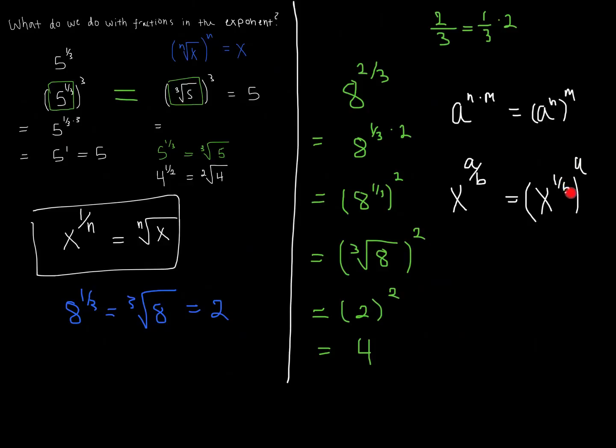Because a times 1 over b is going to be a over b. So that's another key trait that we'll want to have in our toolbox to apply at any time, so that when we want to understand something like 8 to the 2/3, we can utilize these facts to arrive at a value that we know, right?